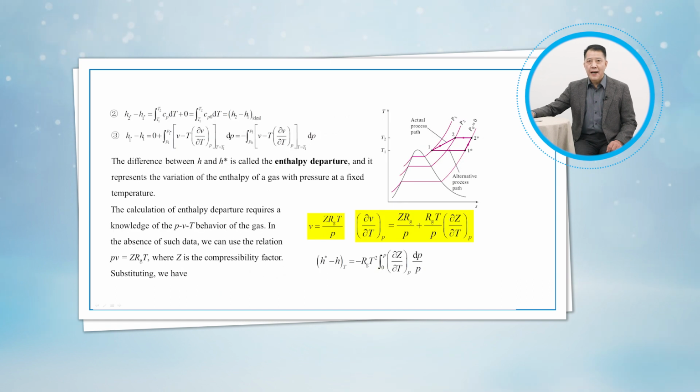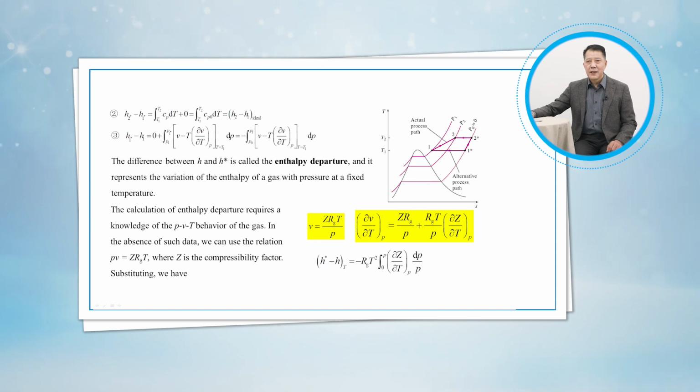The second part is that from 1 asterisk to 2 asterisk. This is an isobaric process for an ideal gas. Equation 541 can be simplified as follows.